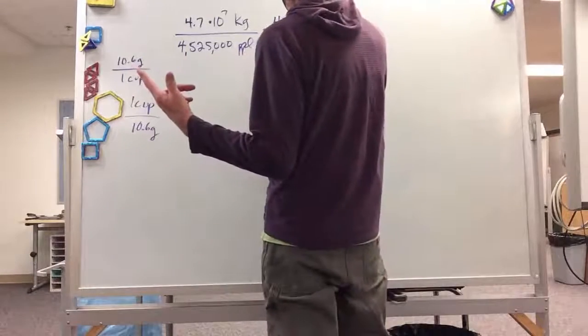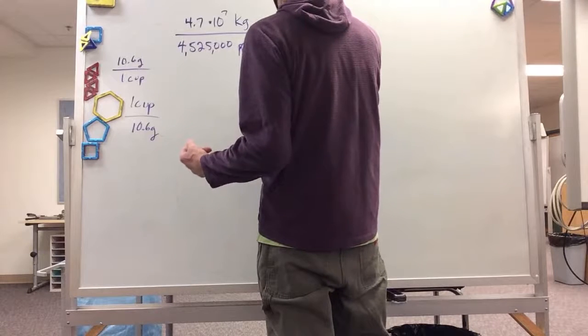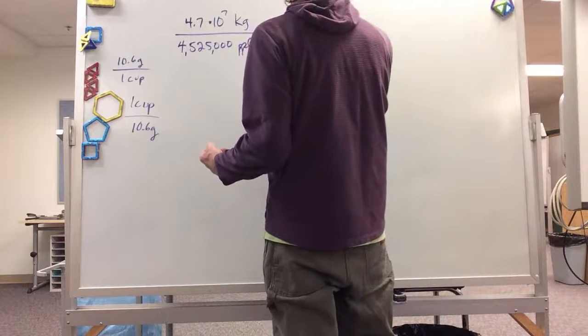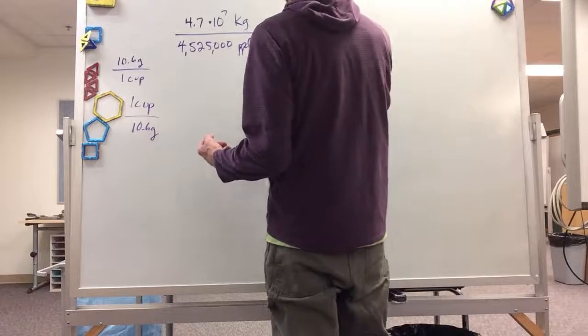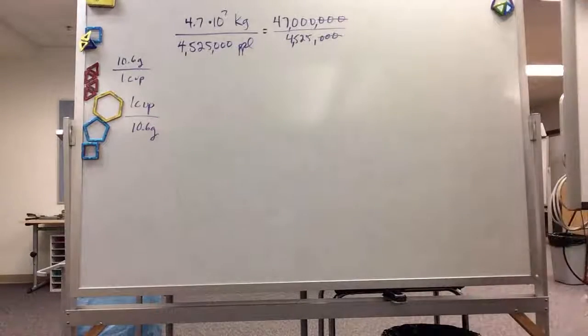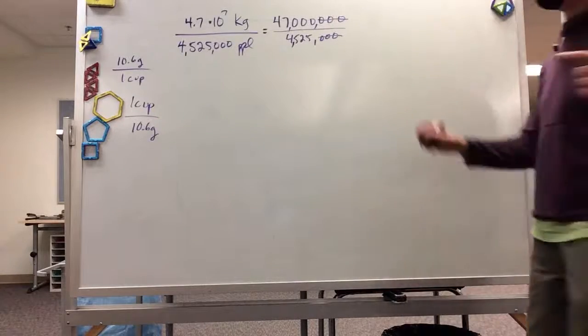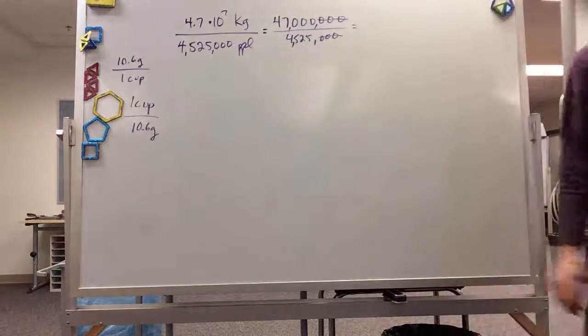So 1 place, 2, 3, 4, 5, 6, 7. And then we have 4, 5, 2, 5, 0, 0, 0. So what I would do is cross out the 3 zeros top and bottom, and then just do that division. So you have the calculators. What's 47,000 divided by 4,525?